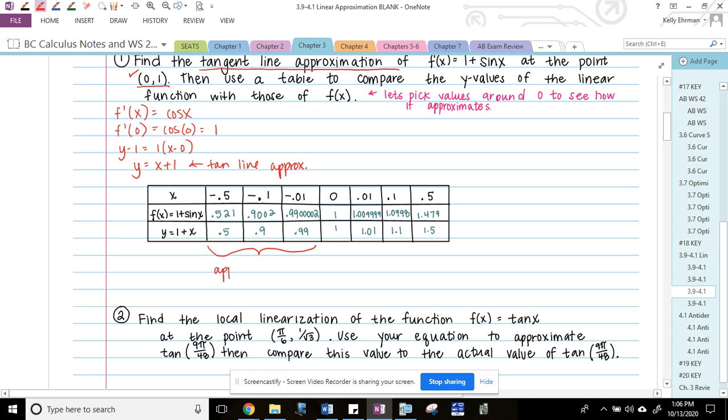So I'm going to write approximation less than actual. And then, of course, they're the same at the point of tangency. But then over here to the right of 0, the tangent line approximation is slightly bigger than the actual value. So the approximation is actually greater than the actual.